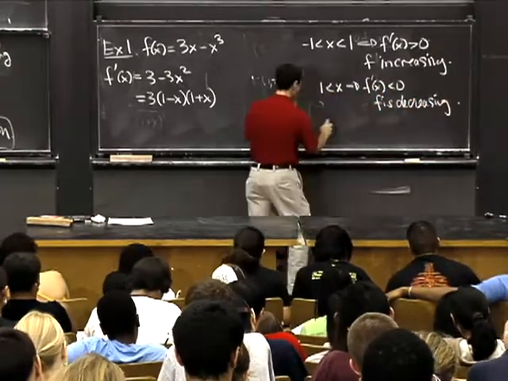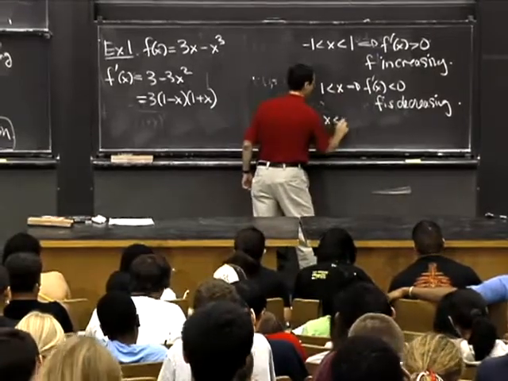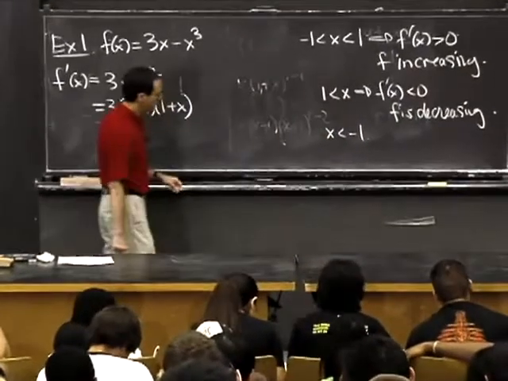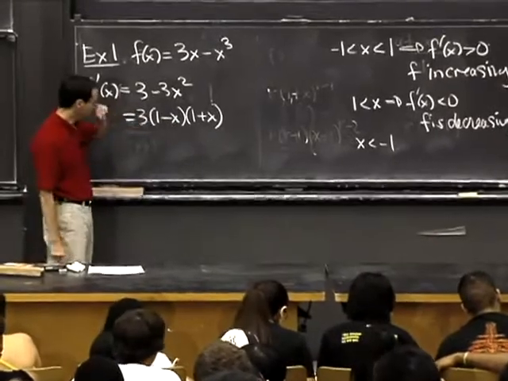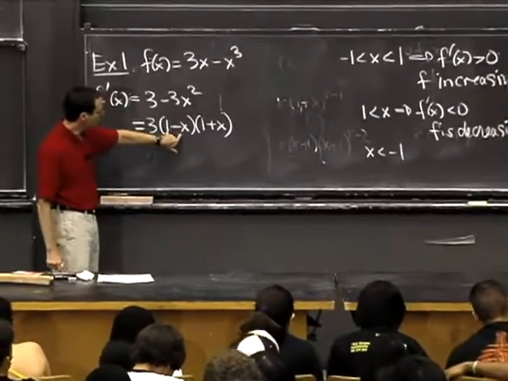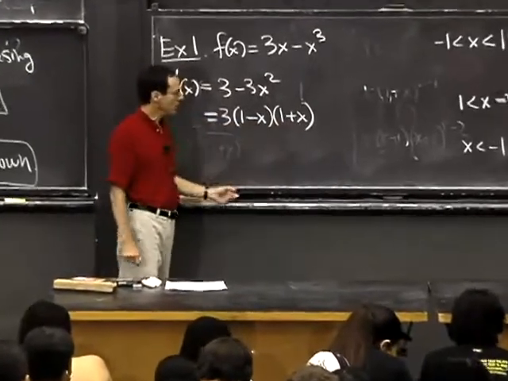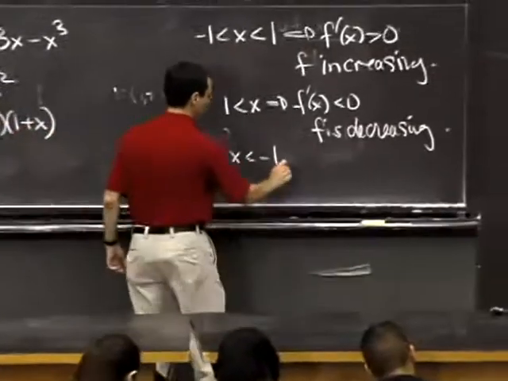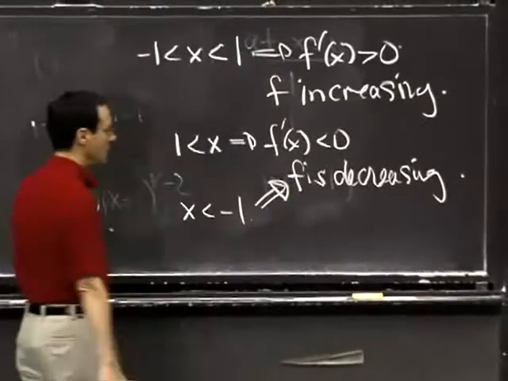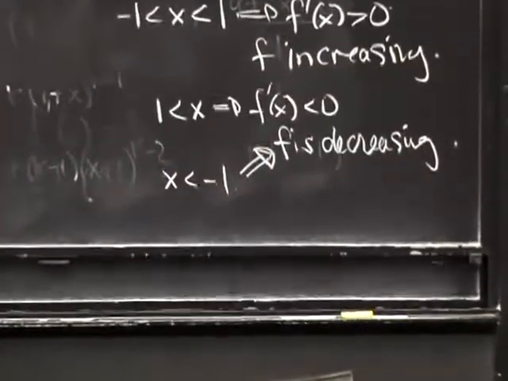And the same thing goes for the other side. When x is less than -1, that also works this way, because this factor is positive, but the other one is negative. All right? So in both of these cases, we get that it's decreasing.